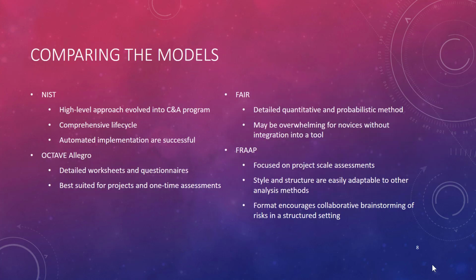As we look at the underlying models, we covered four as we went through the book. We didn't start with it, but it's listed here first: the National Institute of Standards and Technology, which has a very comprehensive life cycle. It is publicly vetted, and lots of people use it and like it.